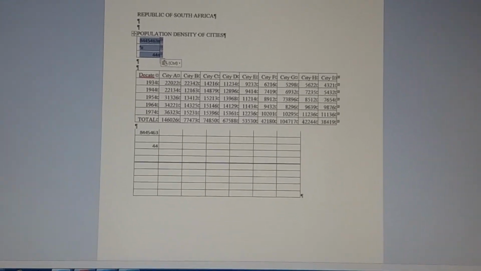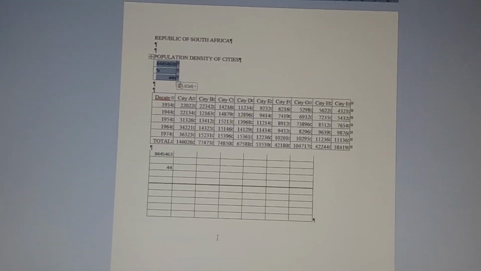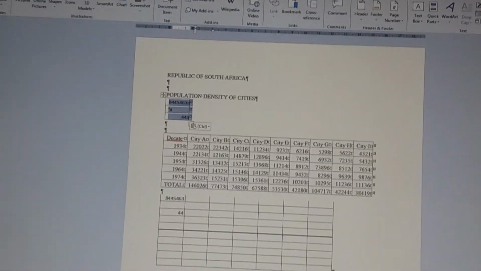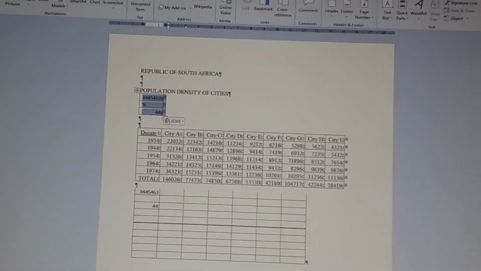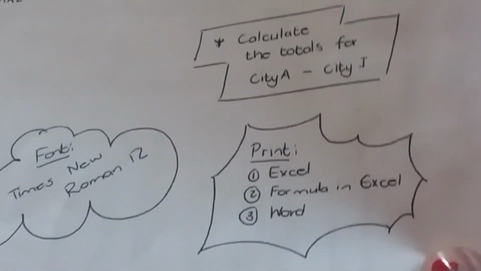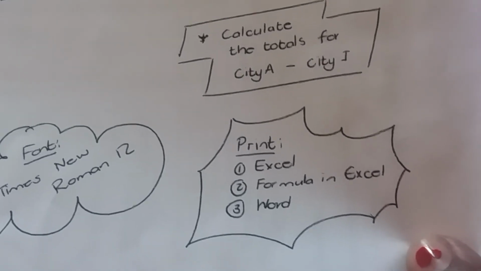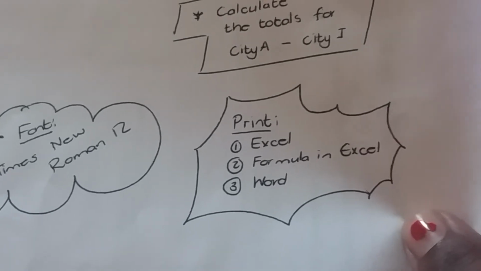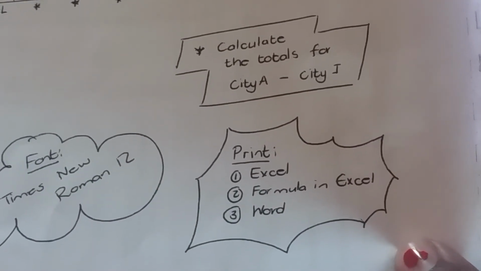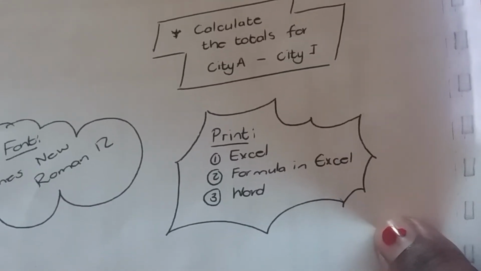And then you insert your header and footer. Then I think that's everything. Okay, they say you also print the one that you created in Excel, the one that you have copied. You print formulas in Excel.